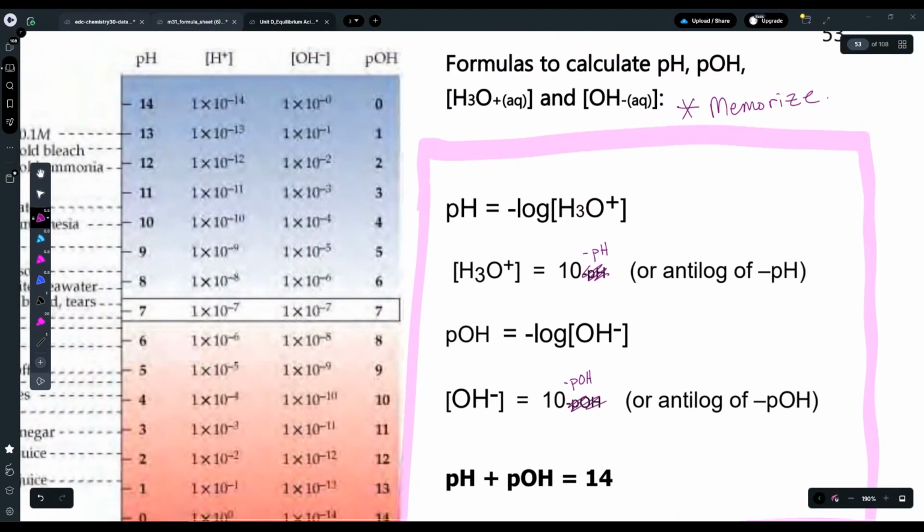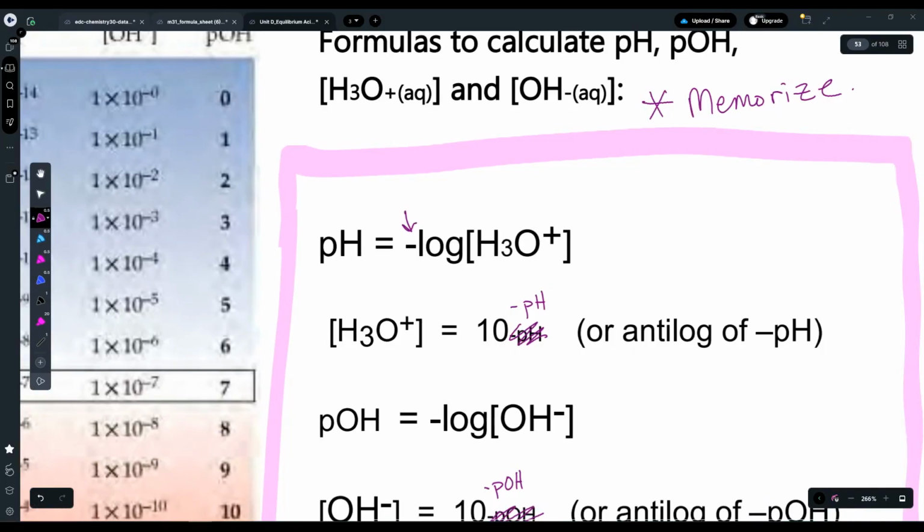All right, so looking at these formulas here, some important things to notice is that for finding pH, you need to take the negative log of the concentration of hydronium ions. The most common mistake with finding pH is just to forget the negative in front of the log.